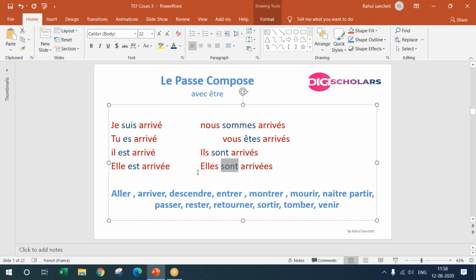Till now, I was telling you that we are conjugating the sentence in past tense, and in past tense the first verb is an avoir verb.